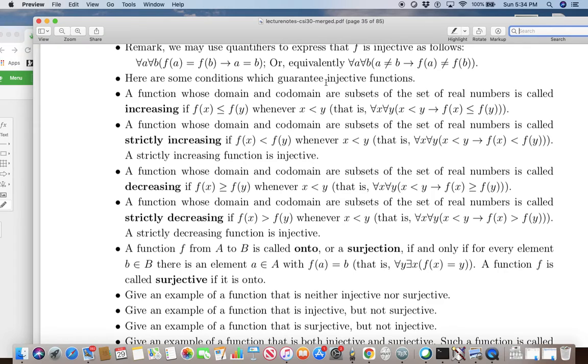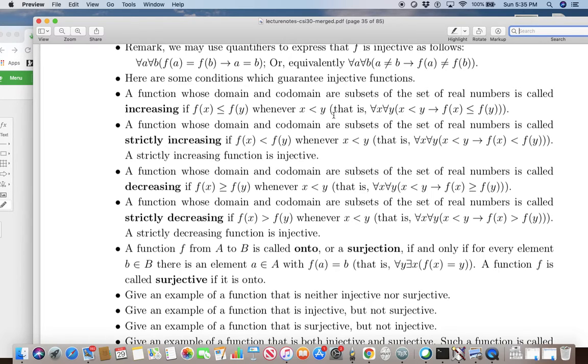Here are some conditions which guarantee injective functions. A function whose domain and codomain are subsets of the set of real numbers is called increasing if f(x) is less than or equal to f(y) whenever x is less than y.